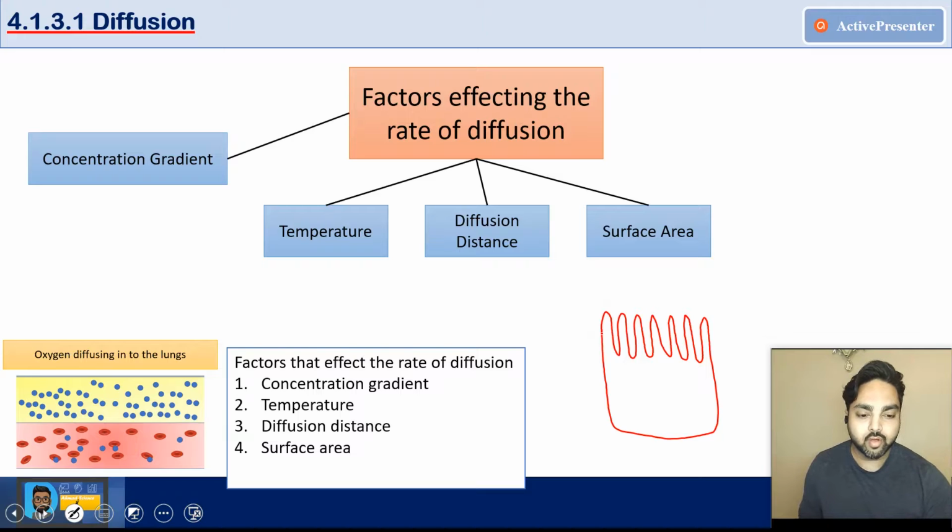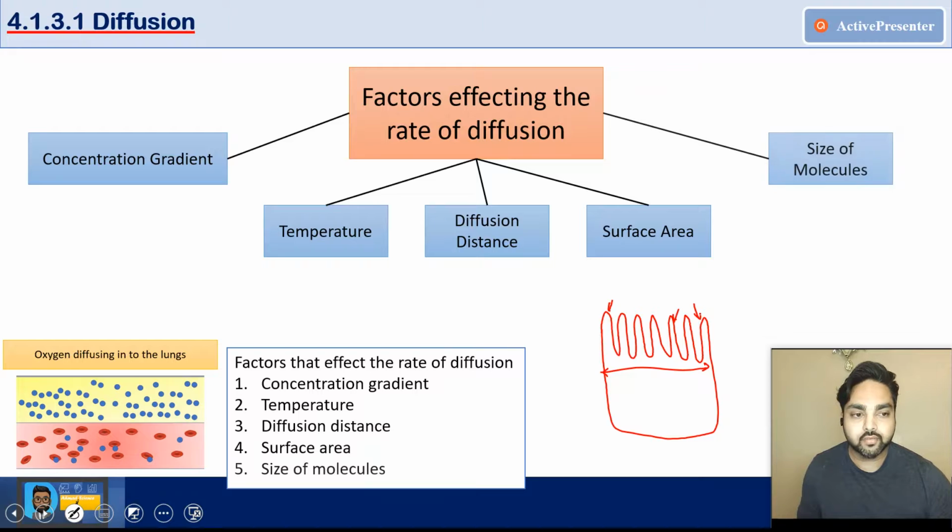What does that do? Well, you've gone from a surface area of that to a surface area of all of that, and it's very easy for particles to diffuse across a much larger surface area, and therefore your rate of diffusion is faster.